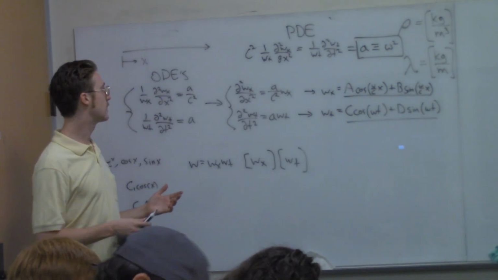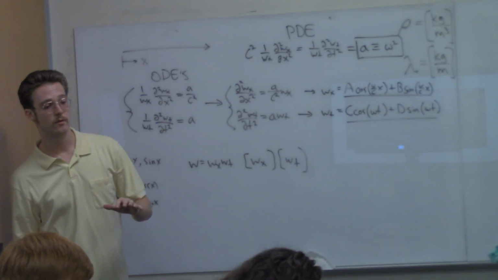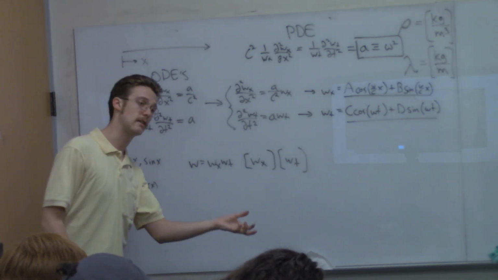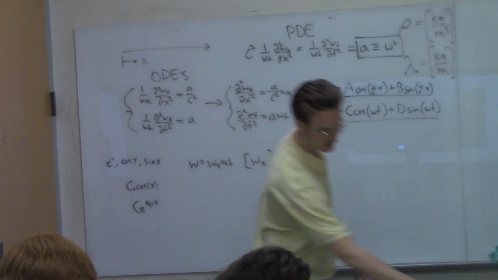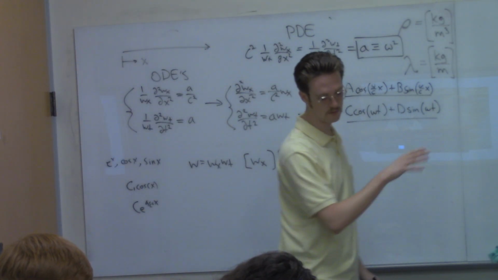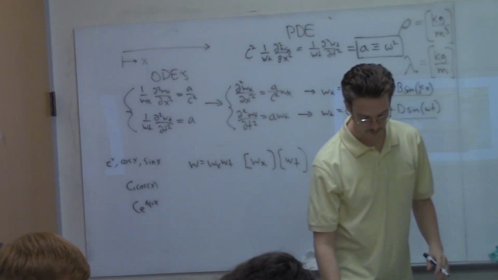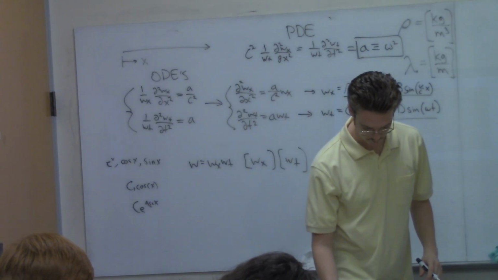And so we're taking that PDE that we had, saying that we have the mass per unit length times the temporal second derivative is equal to the tension times the second derivative of the spatial part.